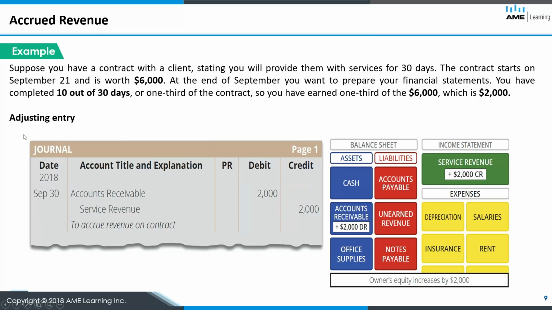So if you remember back to previous discussions of accounts receivable, they're essentially a placeholder, if you will, an asset account that we increase to reflect the fact that we are now going to receive cash in the future at some point from a customer.